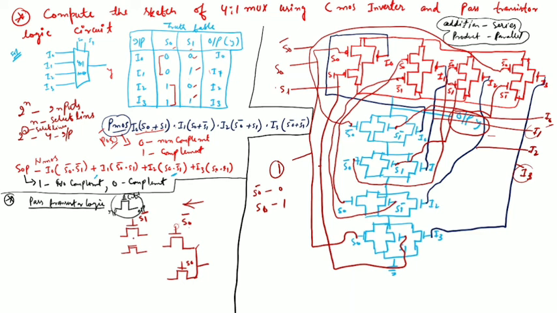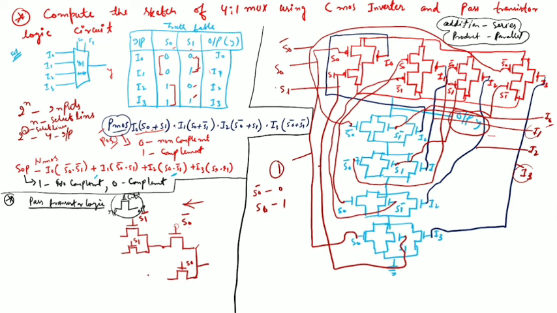So this will connect to each other, and this will go to this. These first two pass transistors represent the two values, 0 and 1, of the second select line. This represents S1 complement, the top 0, and this bottom represents the 1.